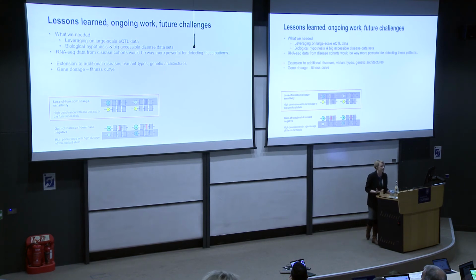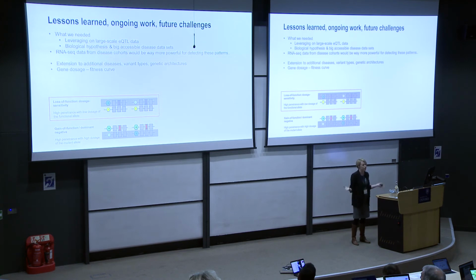One of the key things in our work, thinking about genetic modifiers, was that we were leveraging priors from previous large EQTL data sets, looking at genetic variants that we already knew are affecting the target gene of interest, instead of doing an exhaustive search across the entire genome.